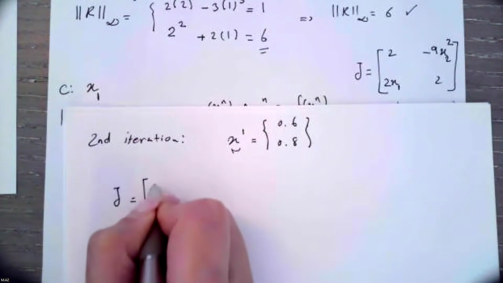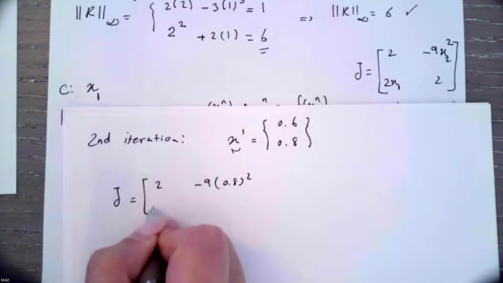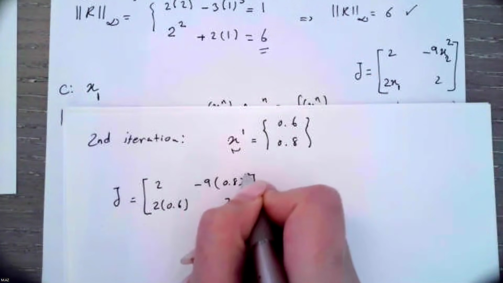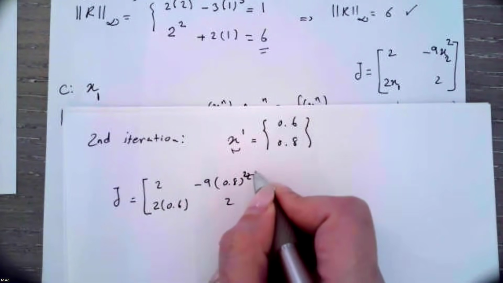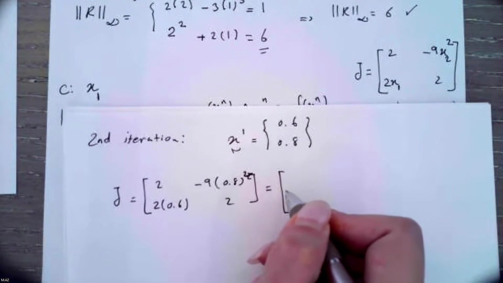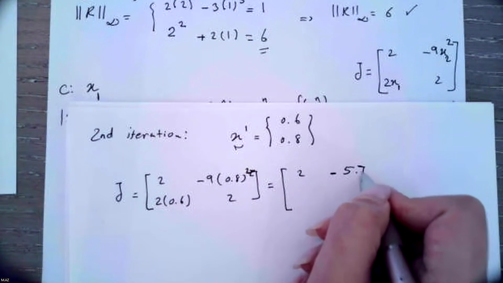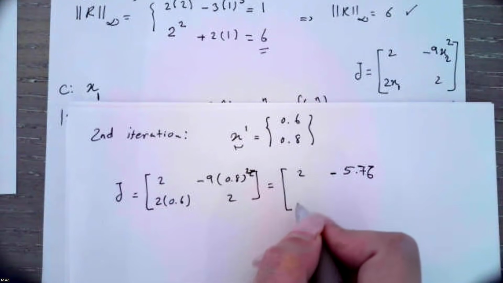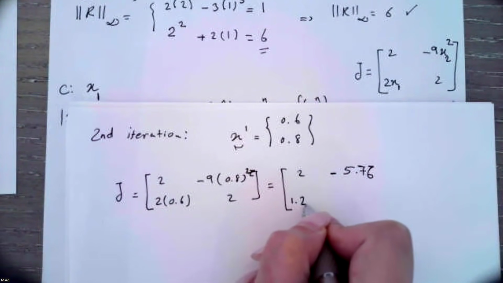This is 0.8 to the power 2. The answer is 1.22.